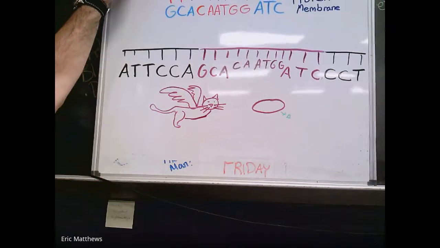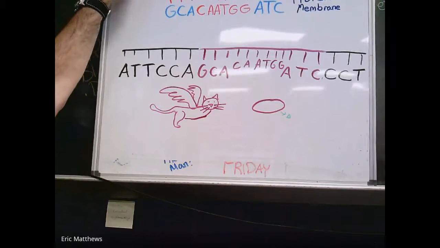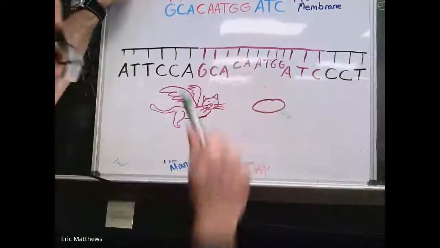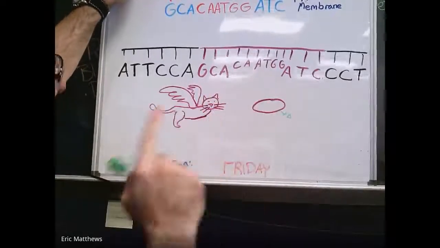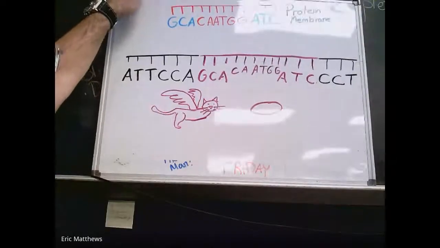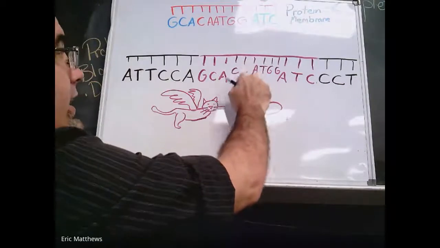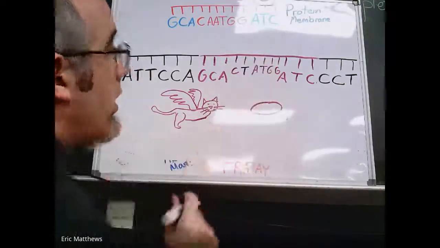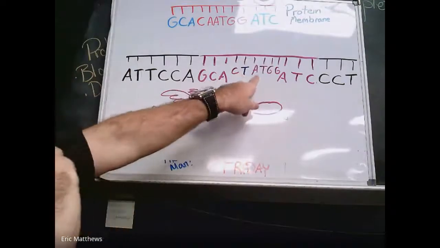Case in point, there are a number of diseases out there where if we could go into their genetic code and just change one letter, they have one letter that's wrong. So instead of an A here, they have a T. And that alone causes the entirety of their problem.